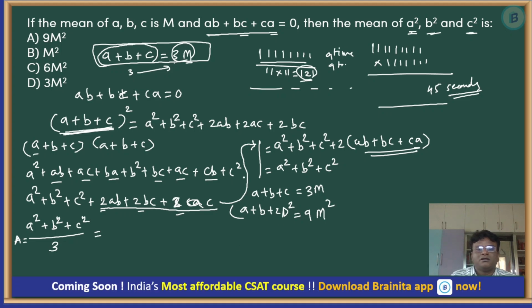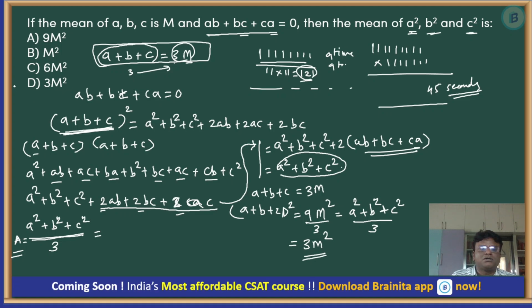This is equal to A square plus B square plus C square. What do I have to find? I have to divide this by 3. So I will divide this by 3 and this by 3, and I get 3M square as the average. That's your answer, option D.